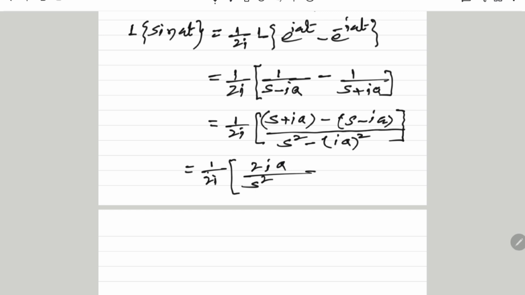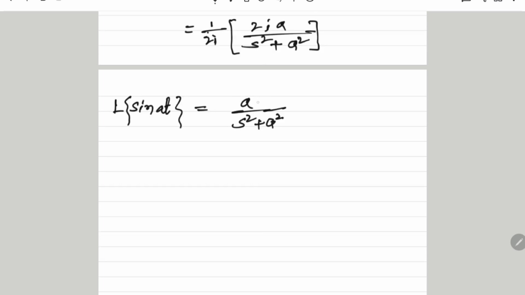Value of i square is minus 1. That minus and this minus, it becomes plus a square. And therefore, Laplace of sin at is a upon s square plus a square, which is the required answer.